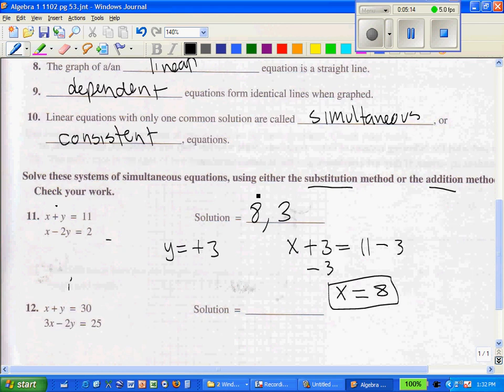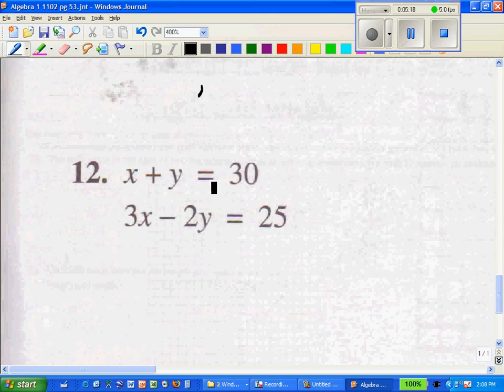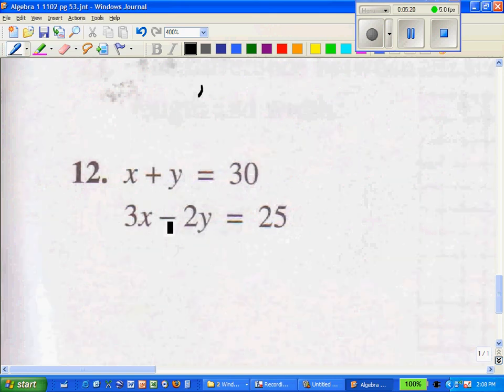That's my answer. Okay, here, since we have x plus y equals 30, and none of the x coefficients are the same, or the y coefficients are the same, I'm going to use substitution. So I'm going to subtract y from both sides to get x by itself.